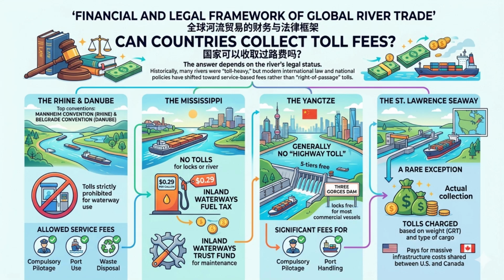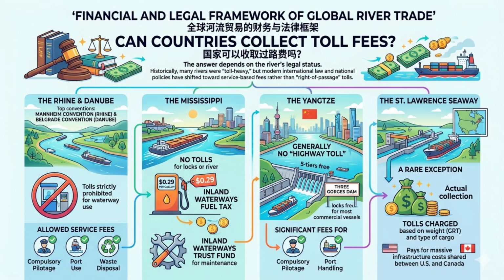If you look at the slide that I presented, most of the rivers do not collect tolls, or they are not allowed to collect tolls, but they are allowed to collect service fees such as port usage and waste disposal. So they collect other kinds of fees that are linked to services provided, but nothing on tolls. Of course, there is one small exception, which is the St. Lawrence Seaway located in the USA.